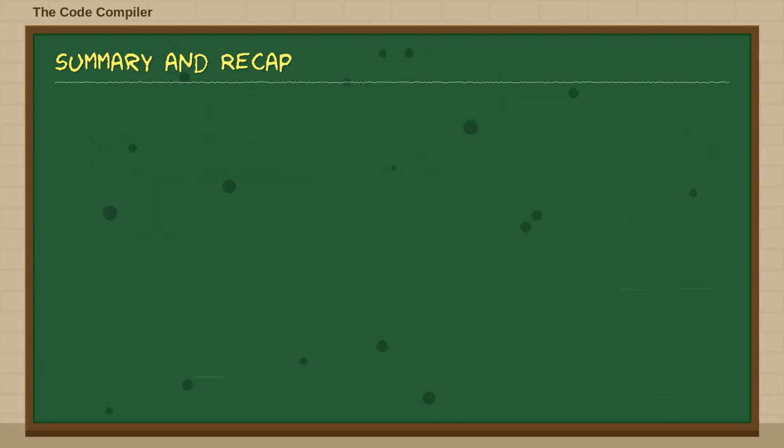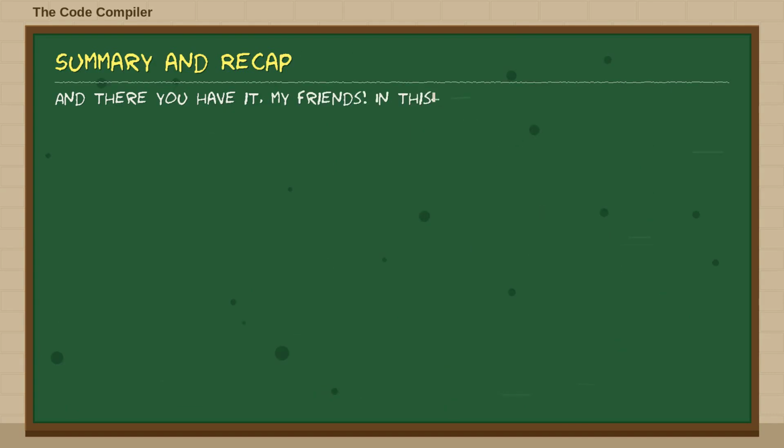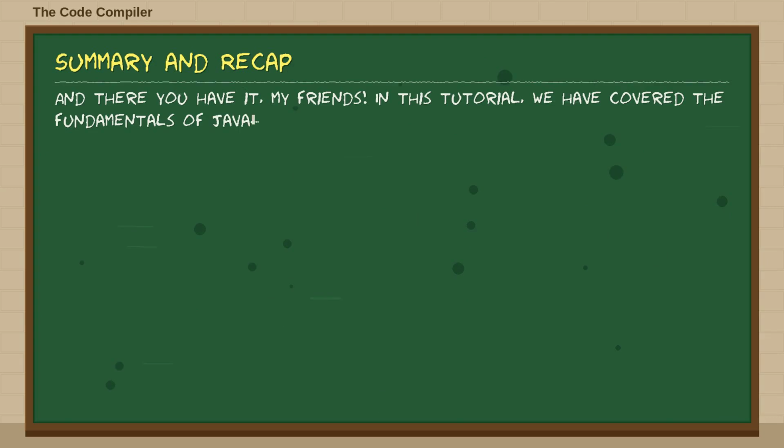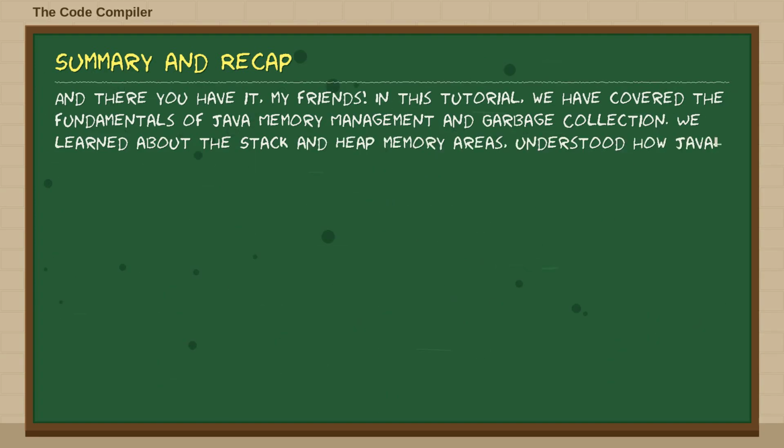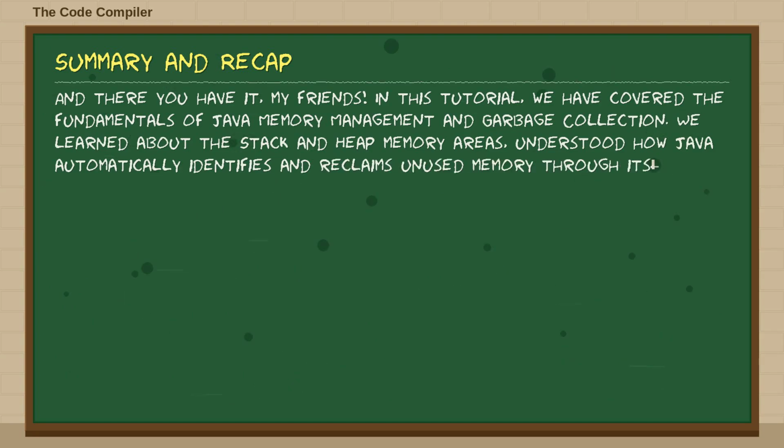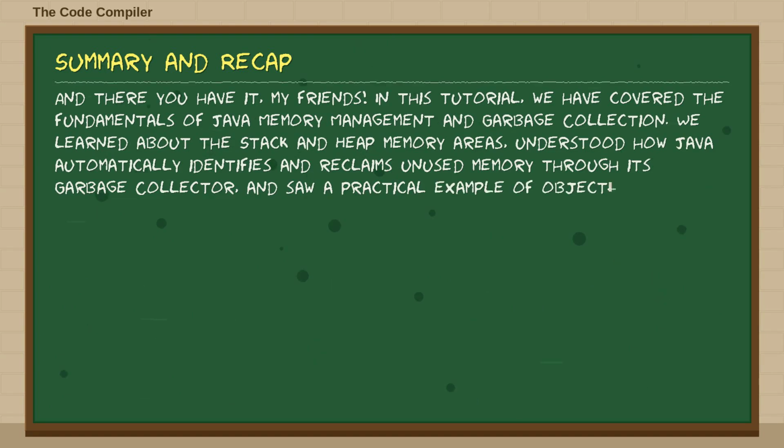And there you have it, my friends. In this tutorial, we have covered the fundamentals of Java memory management and garbage collection. We learned about the stack and heap memory areas, understood how Java automatically identifies and reclaims unused memory through its garbage collector, and saw a practical example of object lifecycle.